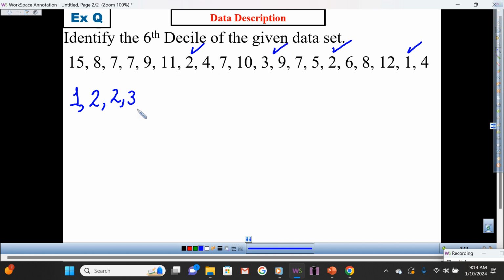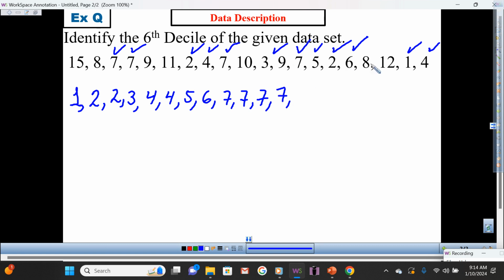Then 4, another 4 over here. Then we got 5. Then we got 6, 7. I see 2 of them.